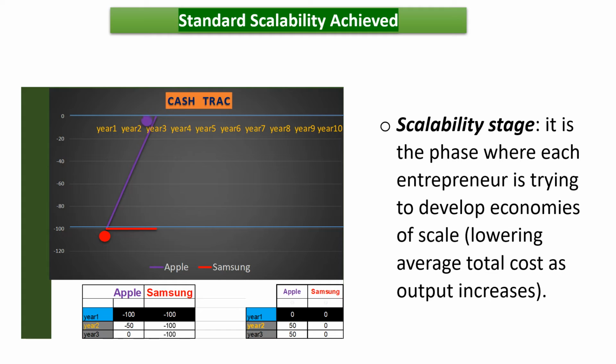So here the graph indicates that Apple has gone from negative cash to a break-even cash level. And that is an indication of how good Apple has been at lowering average total cost as they are increasing output. Samsung has not been successful doing that.